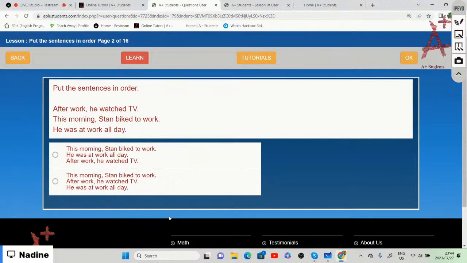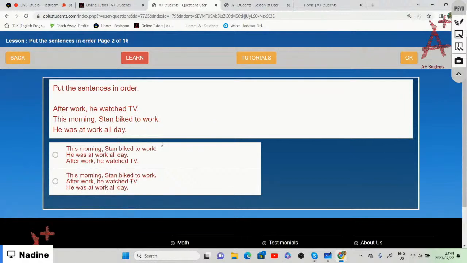He was at work all day. So there are two options that we need to choose from. The first option says, this morning Stan biked to work, he was at work all day, after work, he watched TV. Or this morning Stan biked to work, after work, he watched TV, he was at work all day, right?